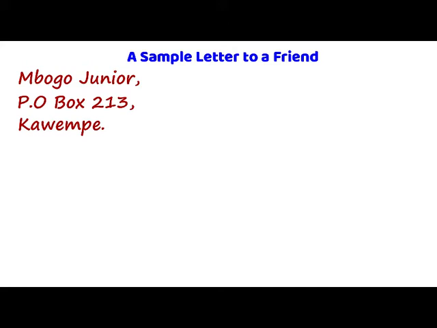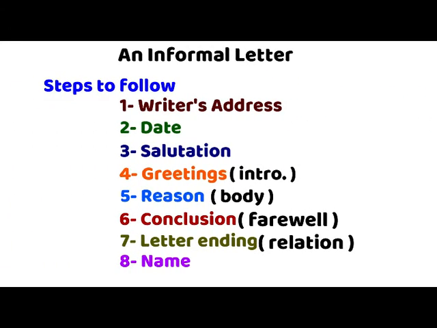We have a comma after each line: Mbogo Jr., comma, P.O. Box 213, comma, Kawempe, full stop. These punctuation marks are important as we write our letters. We have finished our address.